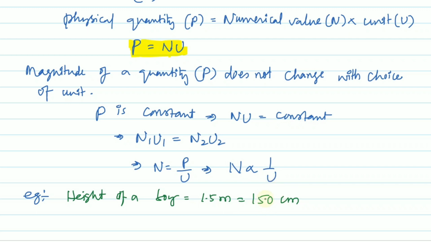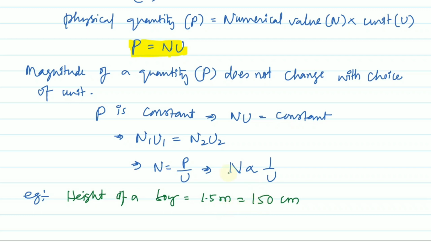As numerical value is greater, unit is lesser. So the magnitude of the physical quantity does not change. Here the height of the boy is 1.5 meters, which is equal to 150 centimeters. Even though we are changing the units, the magnitude of the physical quantity is the same in both cases, but there is a change in unit.